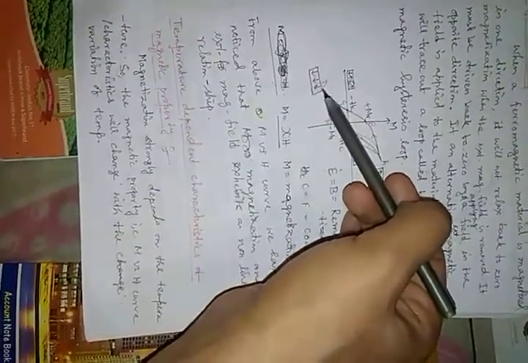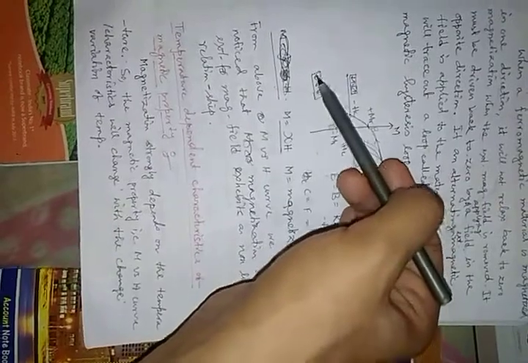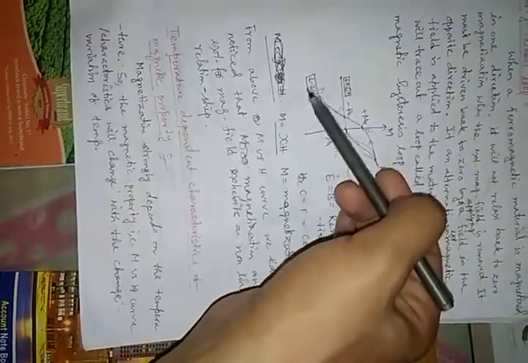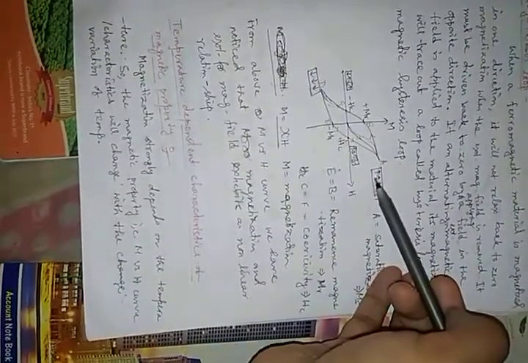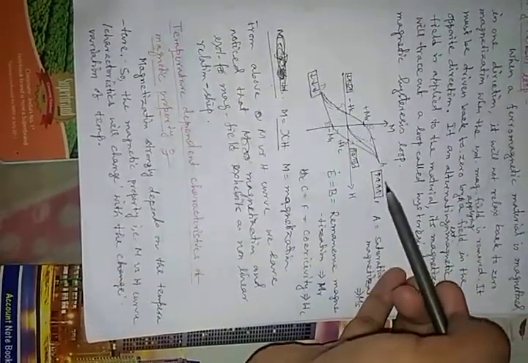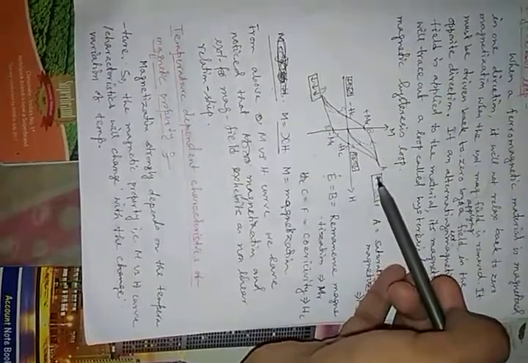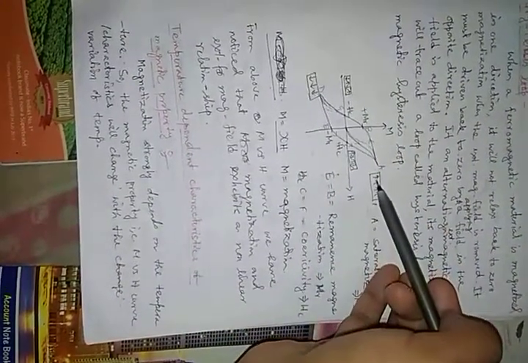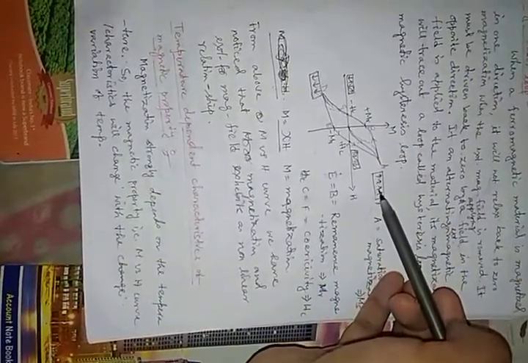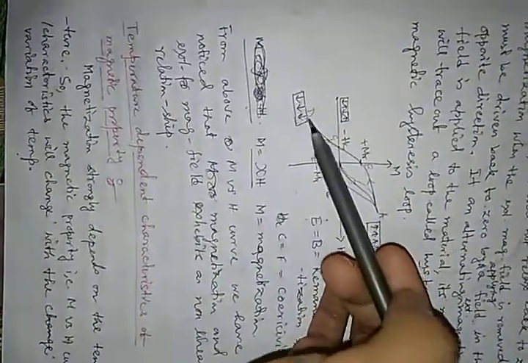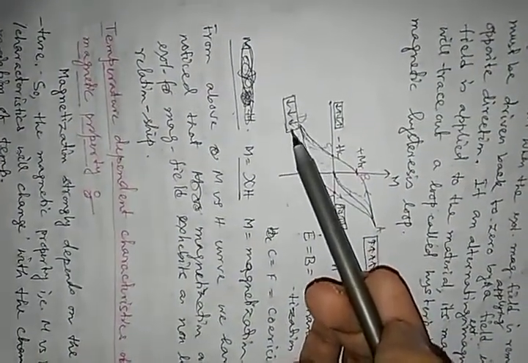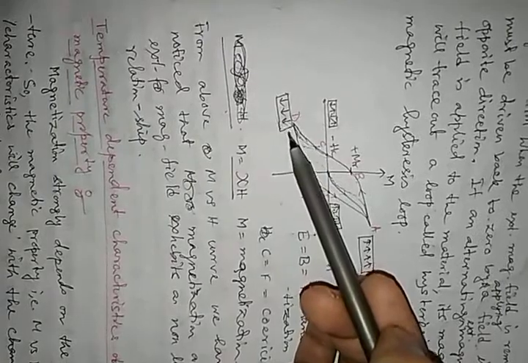After a certain field, all the magnetic dipoles will align in a certain direction, and this direction will be different from the direction observed at point A. So if point A has all the spins in the upward direction, then point D will have all the magnetic dipoles in the opposite direction.